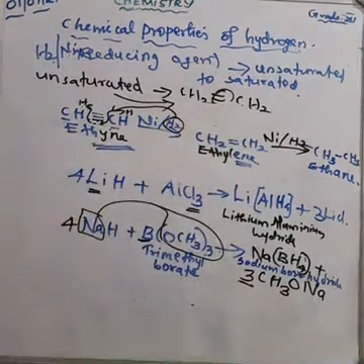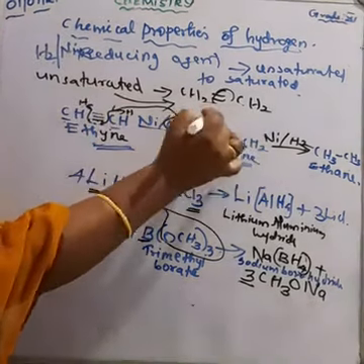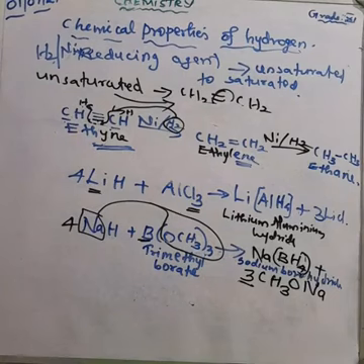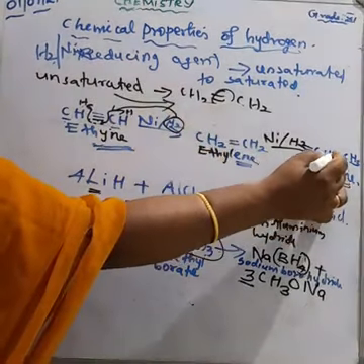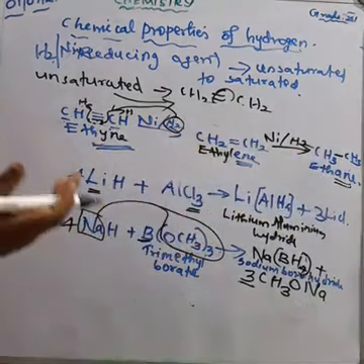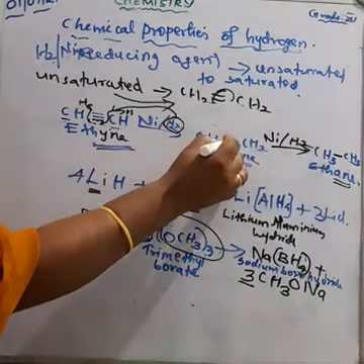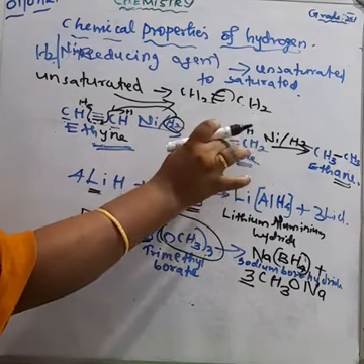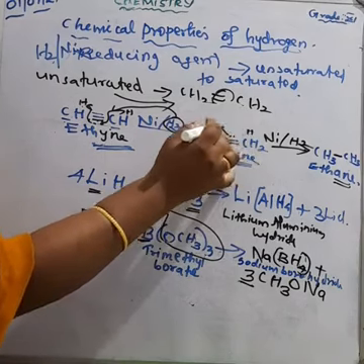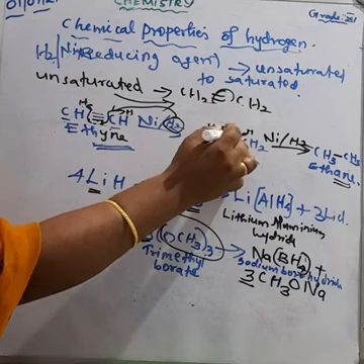Further, it is reduced with nickel plus hydrogen to form ethane. So the double bond is converted to a single bond. One of the bonds has two electrons; one electron goes to this hydrogen atom, and the other electron goes to that hydrogen atom.